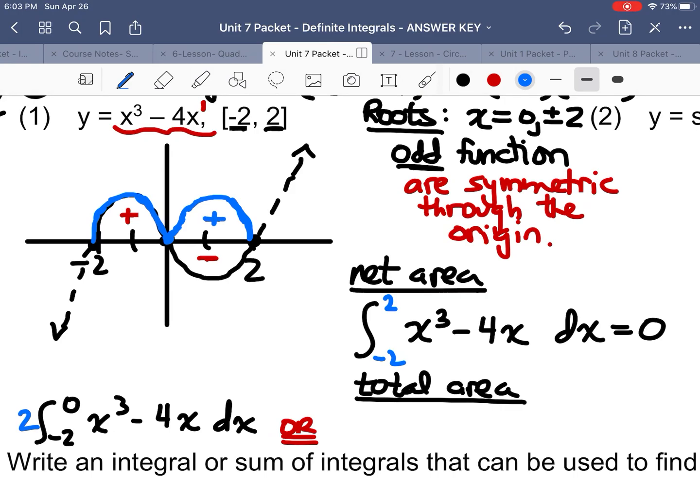All right, so I got a little shaky diagram there, but what it'll do is take only that negative component and make it positive.